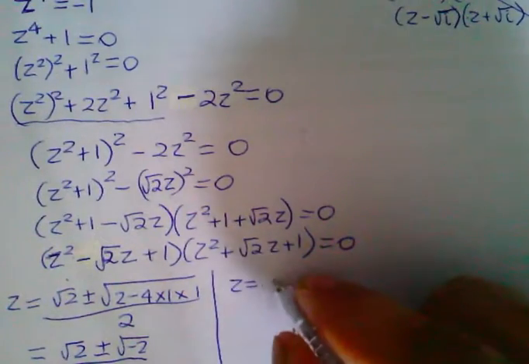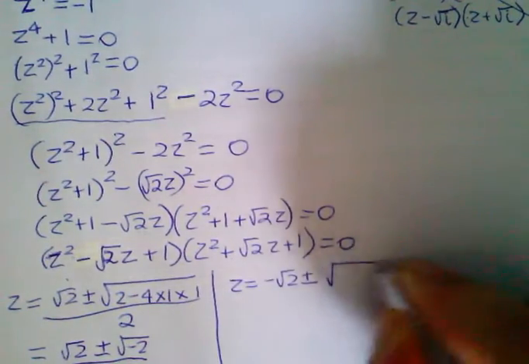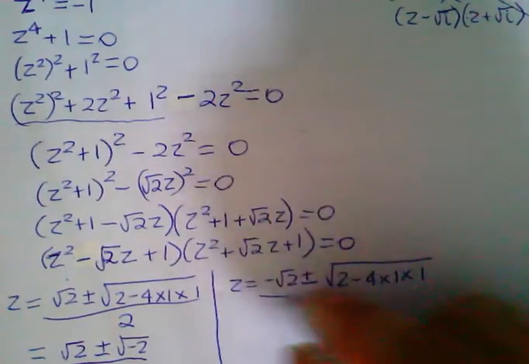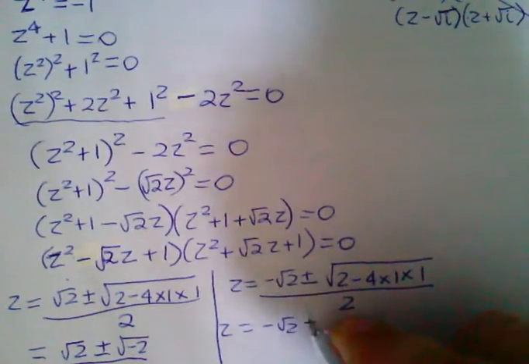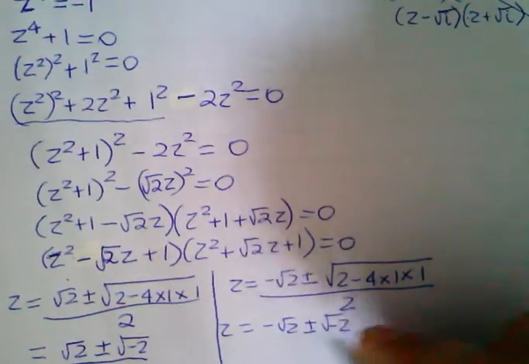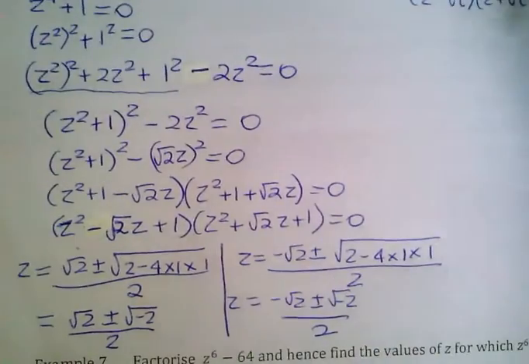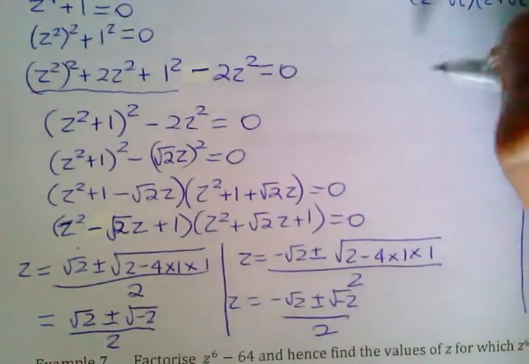This will be z equals negative b, which is negative root 2, plus or minus the square root of root 2 squared, which is 2, minus 4 times 1 over 2. Again, here we've got z equals negative root 2 plus or minus the square root of negative 2 over 2. Now, continuing with those, remember, negative 2 is 2i squared.